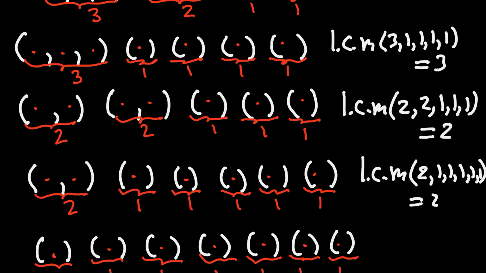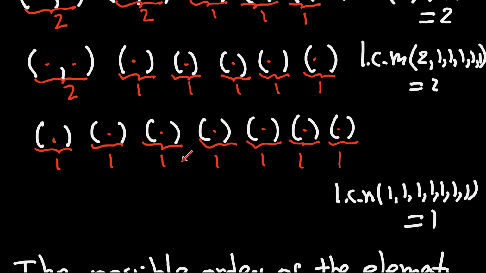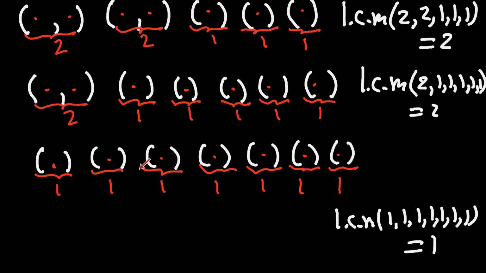You could have a 2 cycle and three 1 cycles. The order will be 2 by taking the LCM of the lengths. Again, the same thing, a 2 cycle and then five 1 cycles. The order will be 2. And then seven 1 cycles. The order, of course, will be 1. Now, in this case, the last one is just the identity, because it fixes every element.